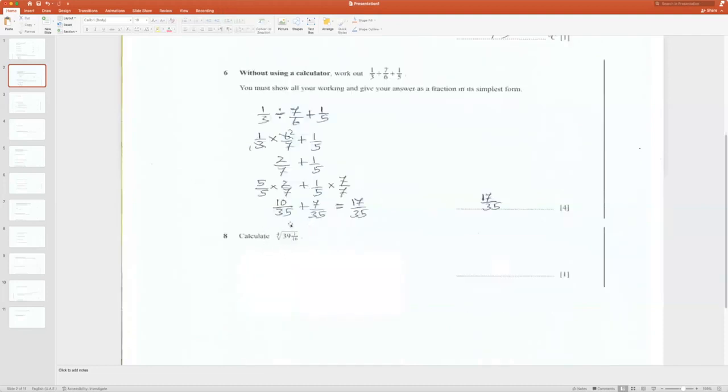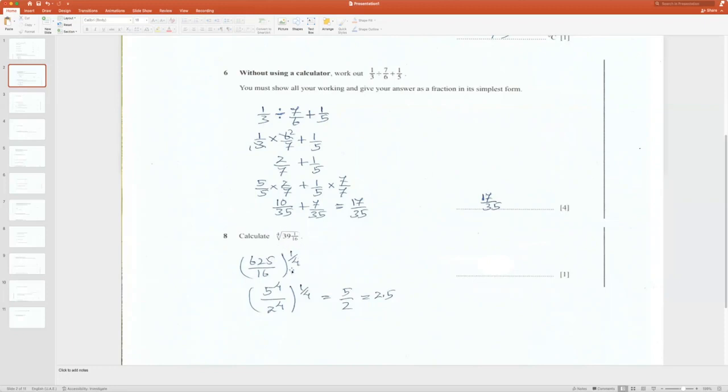Calculate this value. We can use a calculator, but here we can see that we can make this mixed number a fraction. So 16 times 39 plus 1: 624 plus 1, 625 over 16, root 4.